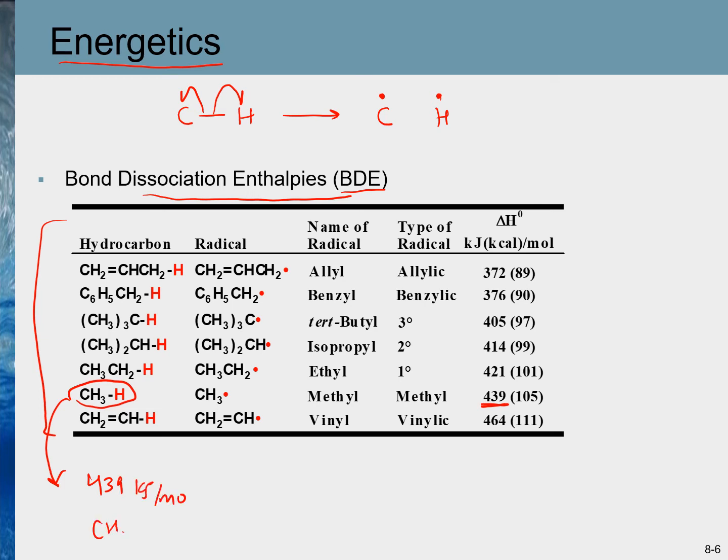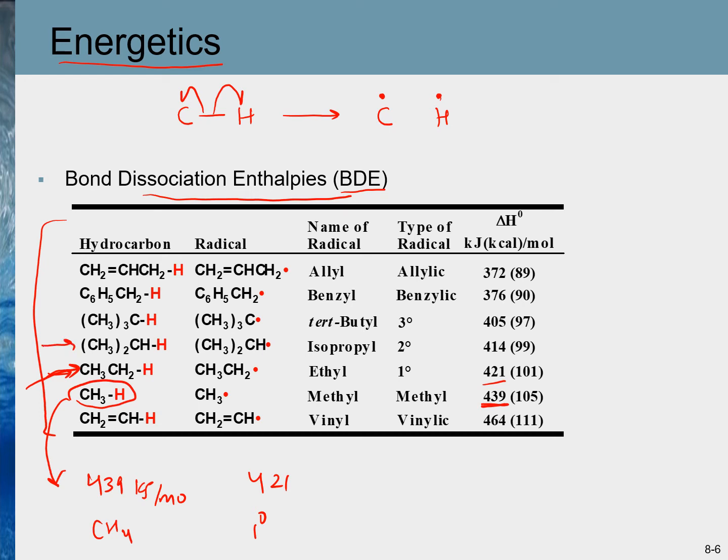The carbon-hydrogen bond in a primary position has a bond dissociation enthalpy of 421.